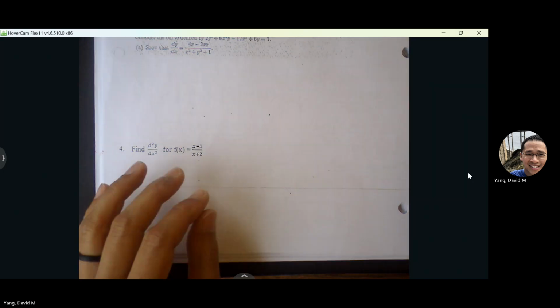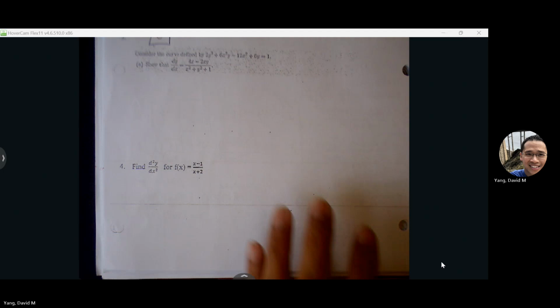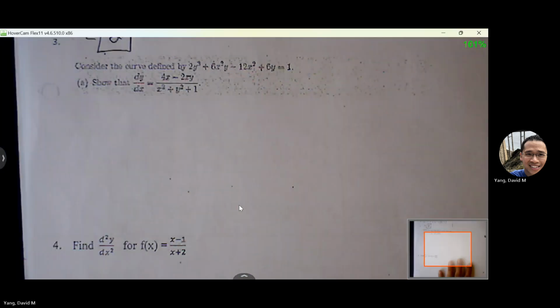Number 3 on page 26. I'll zoom in on this one here. Y cubed plus 6x squared y minus 12x squared plus 6y equals 1.